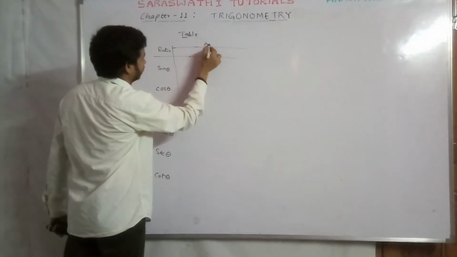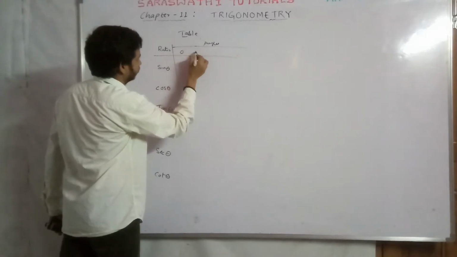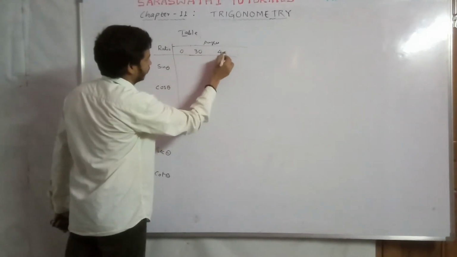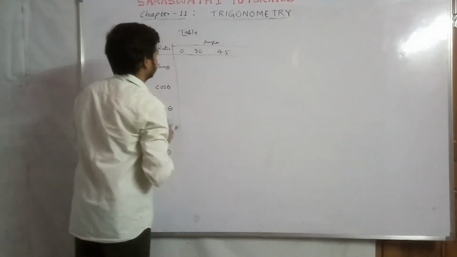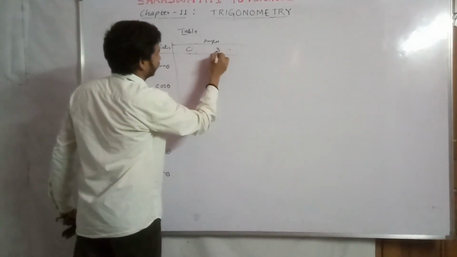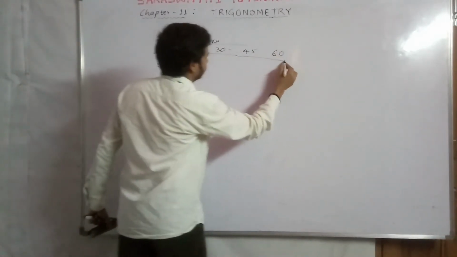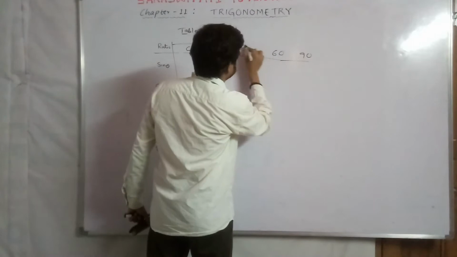So these are the angles: trigonometry angles 0 degrees, 30, 45, 60 and 90 degrees.